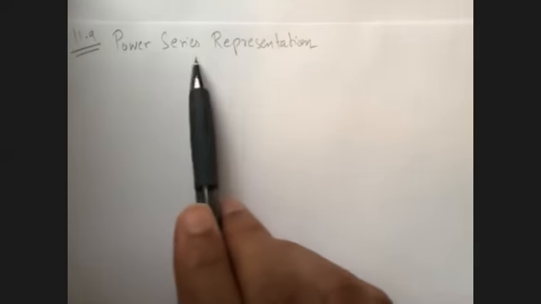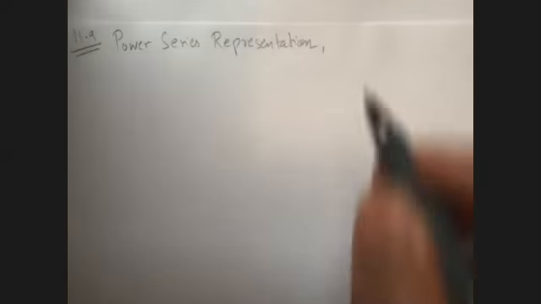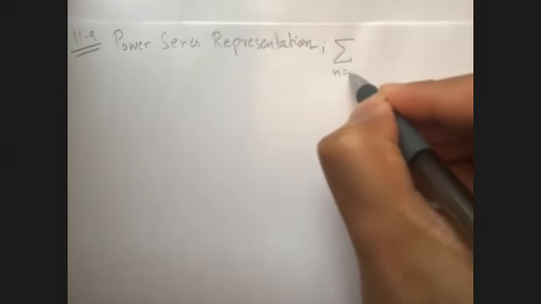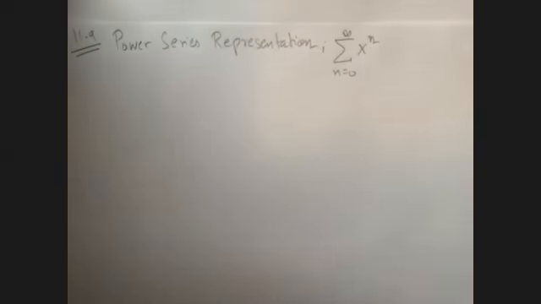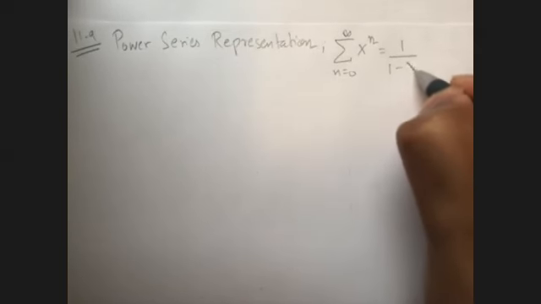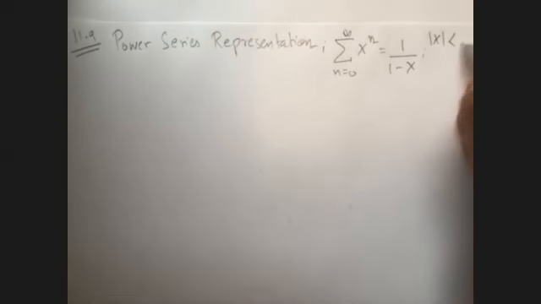So 11.9 is power series representation, and the formula we will be using is for a series like this: it equals 1 over 1 minus x when the absolute value of x is less than 1.